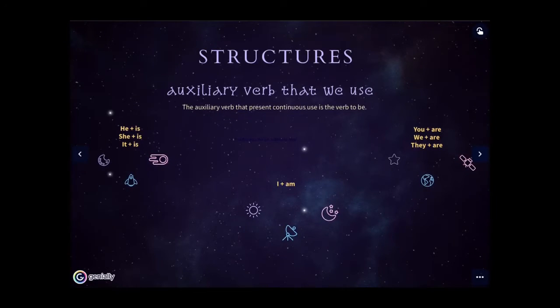The auxiliary verb that we use in the present continuous is the verb to be. And how do we add the auxiliary verb? Well, first we put the subject, and then we put the auxiliary verb. It can be is, am, or are.